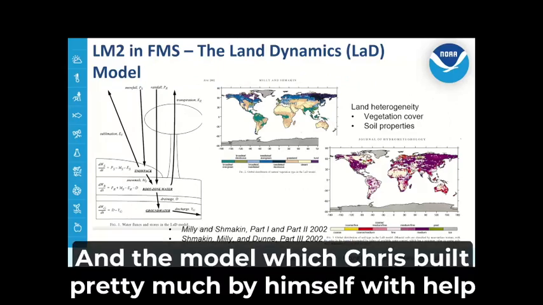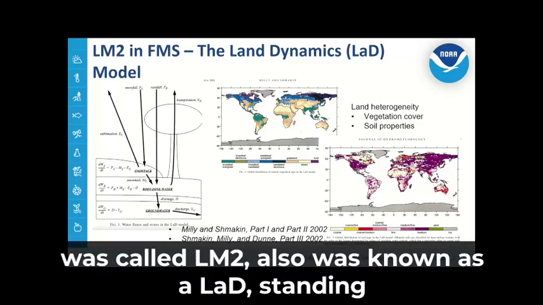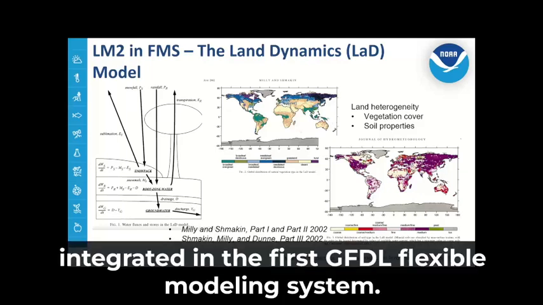The model which Chris built pretty much by himself, with help of Chris Milly and his postdoc, Andrei Shmakin, at that time was called LM2, also known as LaD, standing for Land Dynamics. That's the model which was integrated in the first GFDL Flexible Modeling System.